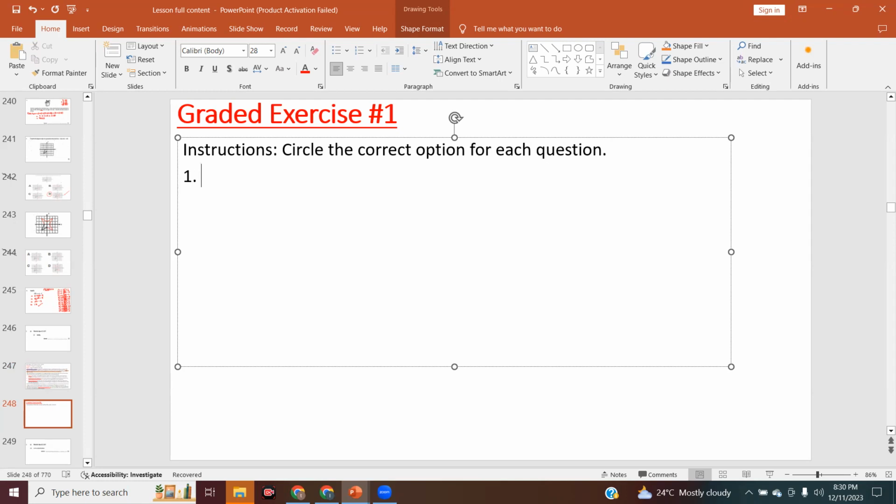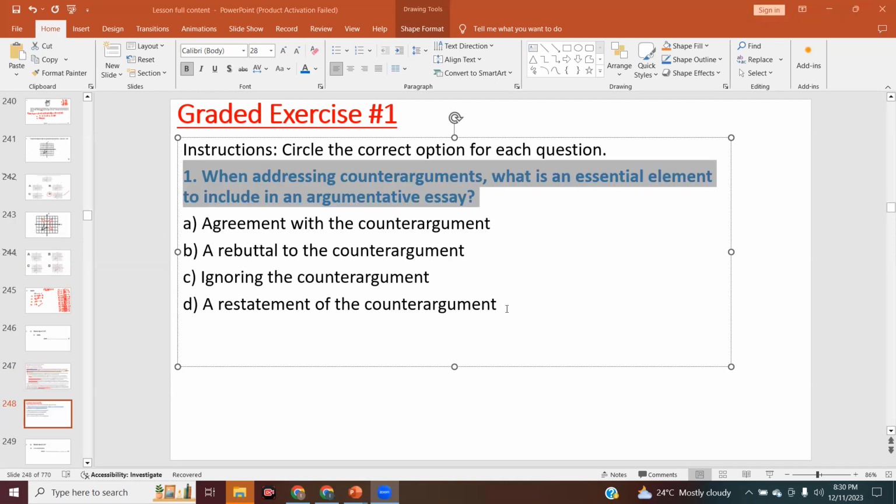So number 1, when addressing counter-arguments, what is an essential element to include in an argumentative essay?